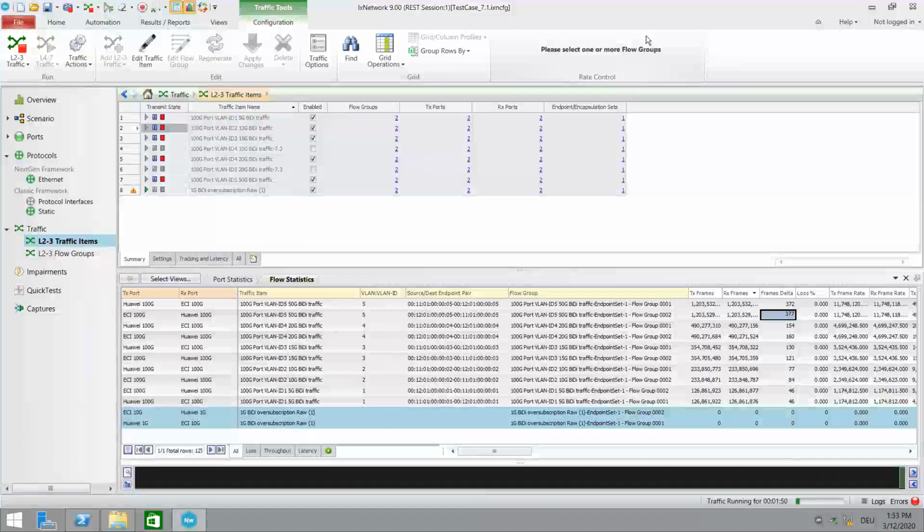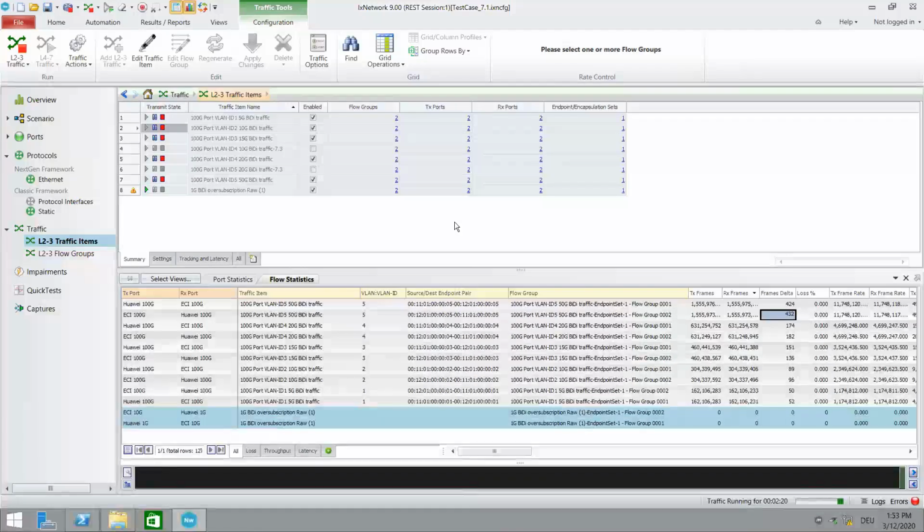First step, we will show what we have in Ixia. Here we are looking at the IxNetwork dashboard from Ixia, and we can see that the traffic is already flowing. Like I said, we have 5 VLANs with their corresponding bandwidth. In total, there will be 100 gig line rate between Huawei and ECI.